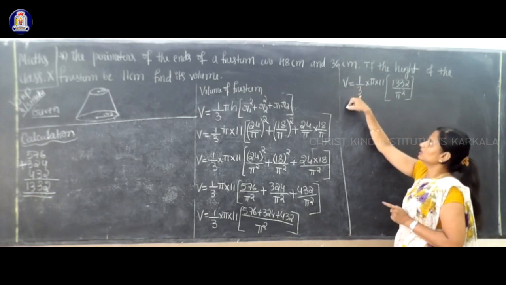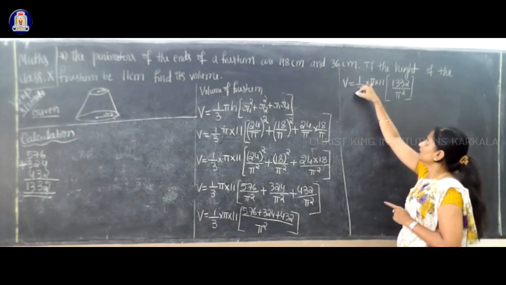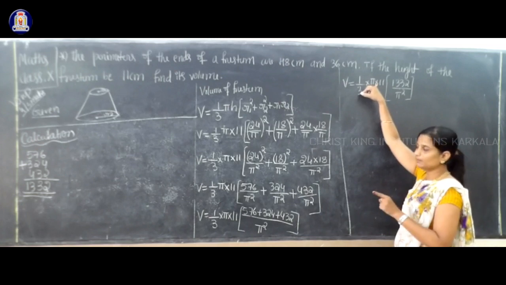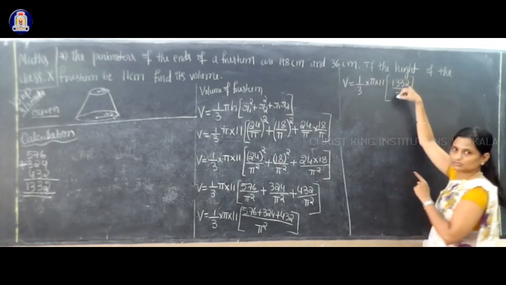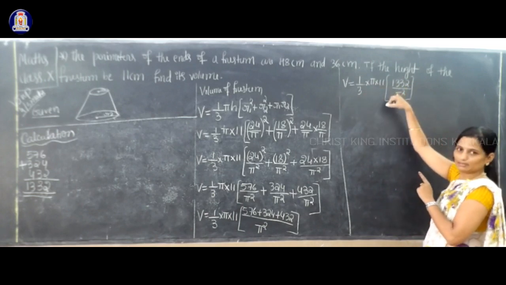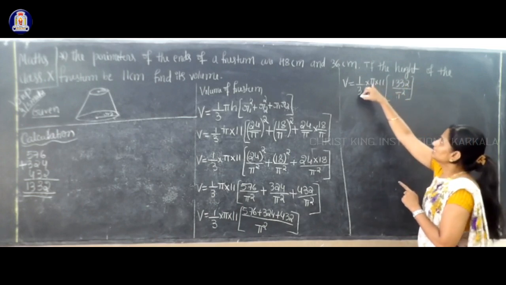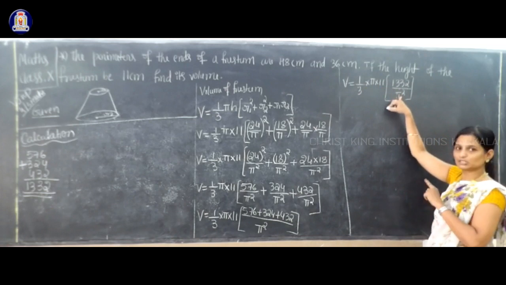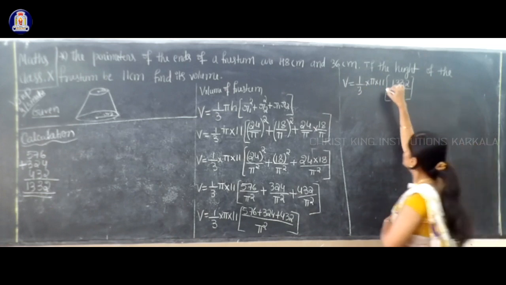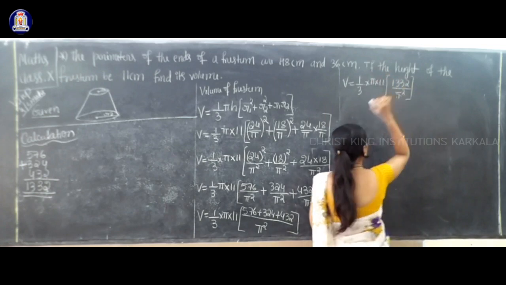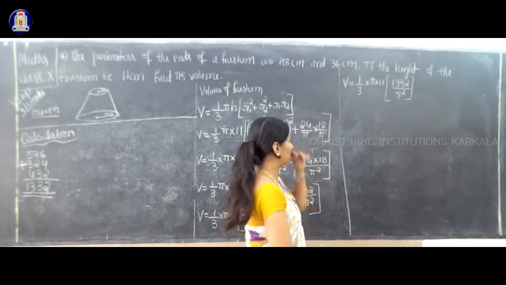All these are multiplication. So can you cancel this pi and this pi square? One pi gets cancelled. Yes, it is possible. So I cancel this pi and this pi.